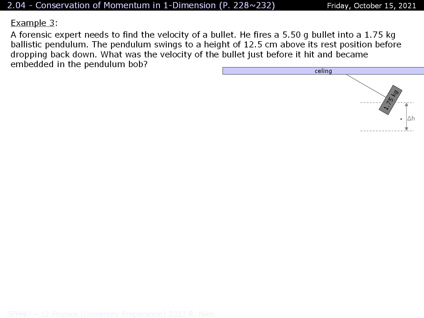Okay, so we're going to start off with conservation of energy, because what happened here was that combined together, they had pure kinetic energy. At the top, it's all converted into potential energy.